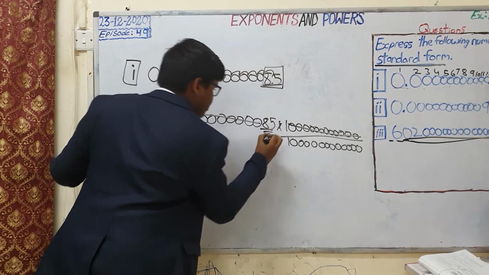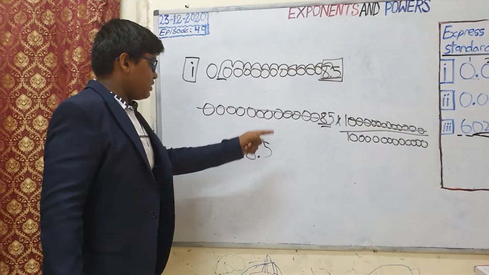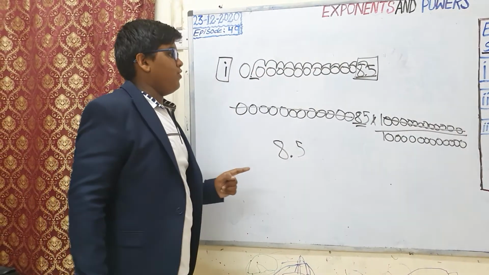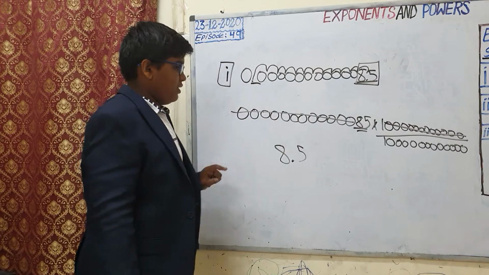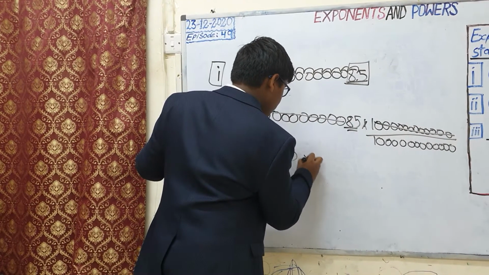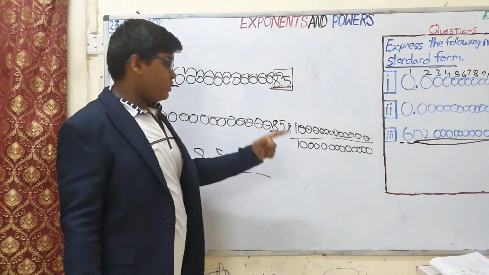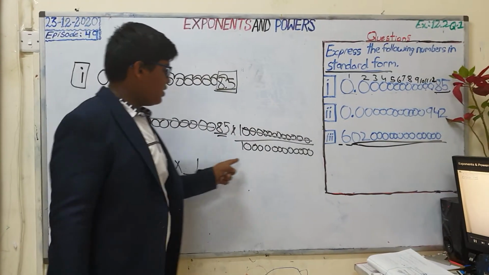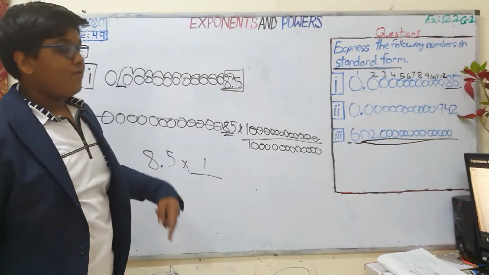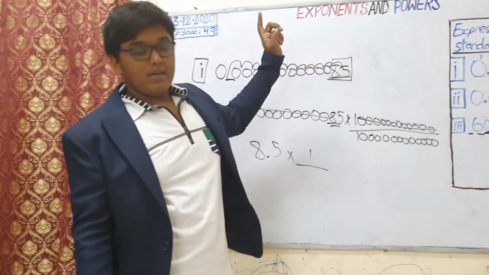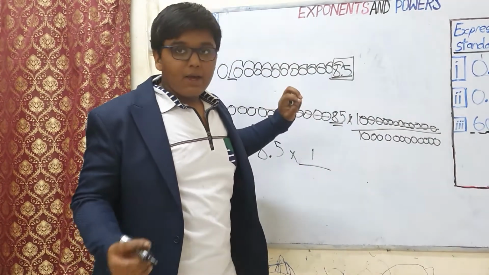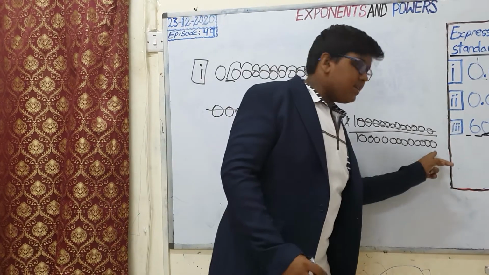Now here we have 0.85 left, so that 85 we will convert into 0.8.5 when we did here. Then we have 1 left here as the numerator, then 1 0 0 0. Now here we have 12 zeros. How will we write them in powers, in the short form?